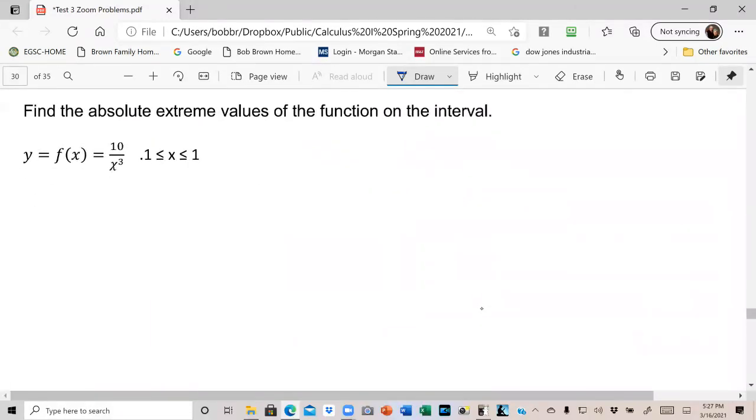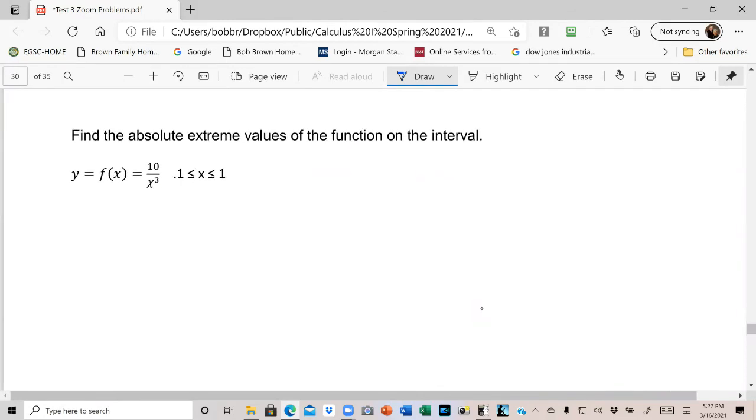Now we want to find the absolute extreme values of the function on the interval. The function is 10 over x cubed between 0.1 and 1. So f of x is equal to 10 x to the minus 3.